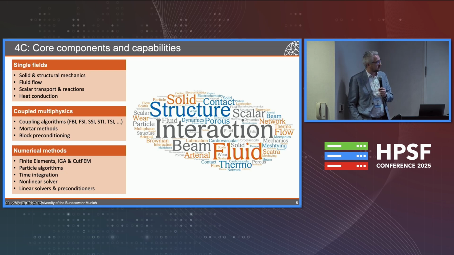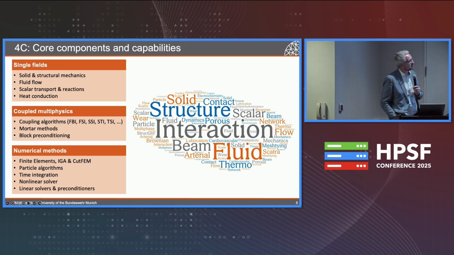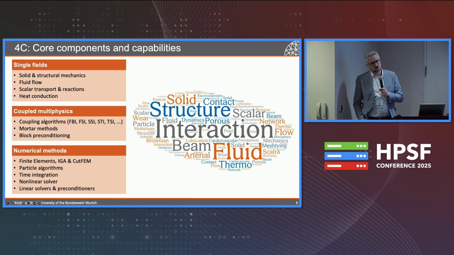We have stuff like fluid-beam interaction, fluid-solid interaction, SSI, which stands for solid-scatra interaction, solid-scatra-thermo interaction, and TSI, which is thermal-solid interaction. And there are other acronyms with more than 3 letters that I don't remember, so I just abbreviate them with a couple of dots.